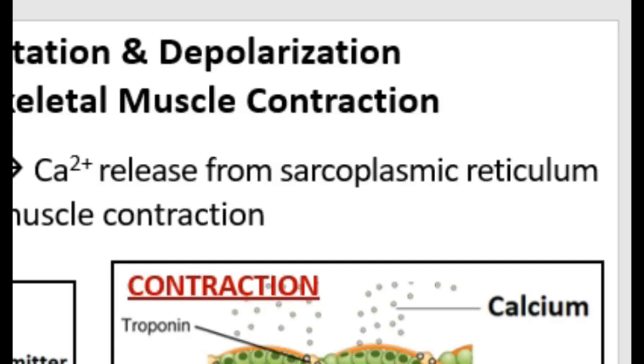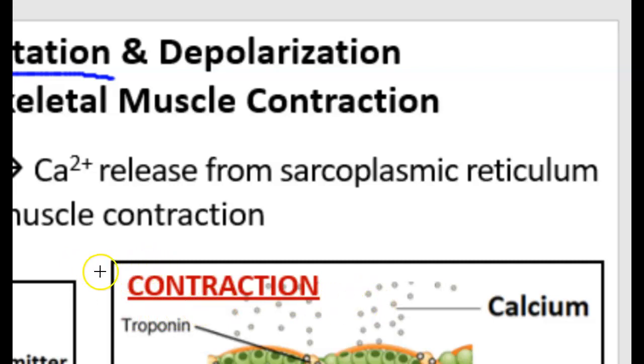Now, before we talk about the function of the intrinsic conduction system, let's review a little bit about what we know regarding skeletal muscle contraction versus cardiac muscle contraction. If you recall from A&P 1, the skeletal muscle first needs to be excited by a neuron. So here's an axon terminal that has released a neurotransmitter that binds to a receptor on the skeletal muscle cell.